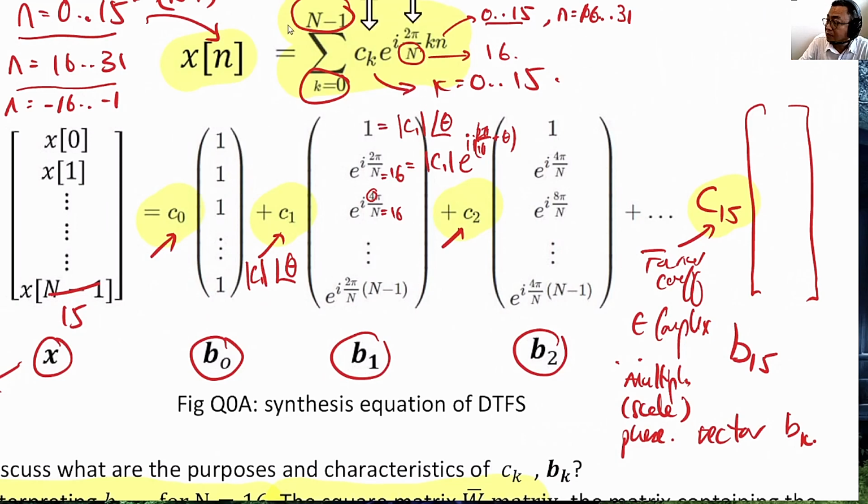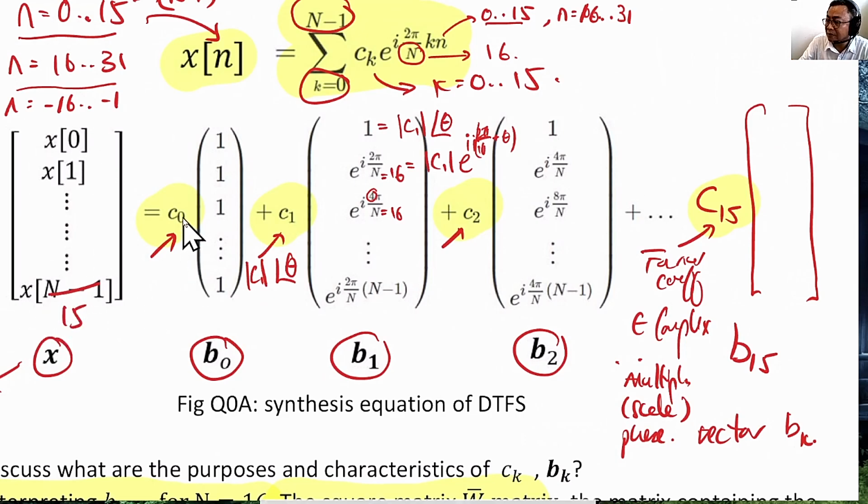From the synthesis point of view, we can now think of the c's as how much different vectors will contribute towards constructing x.